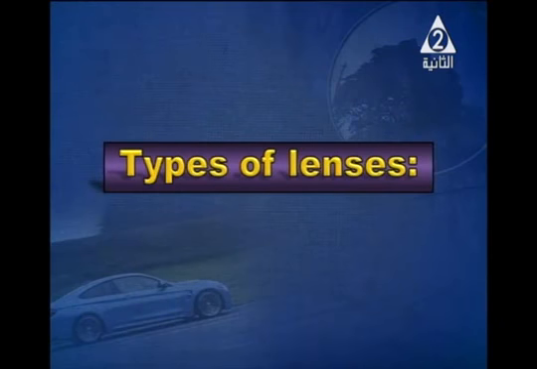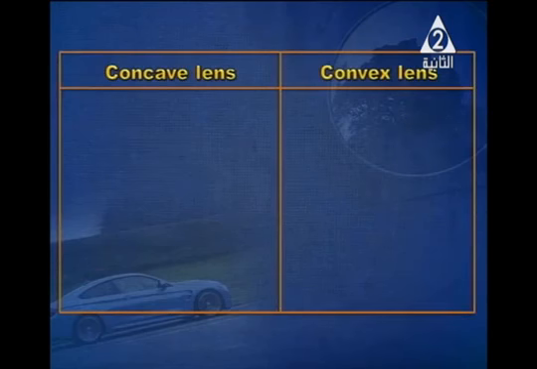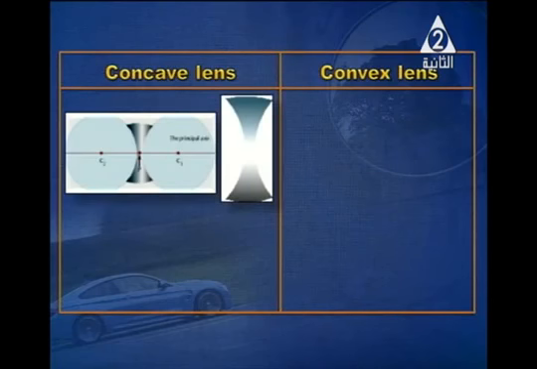What are the types of lenses? Lenses have two types: the concave lens and the convex lens. The concave lens is formed by two spheres. It has two faces.